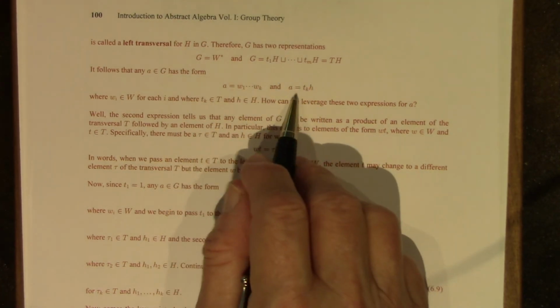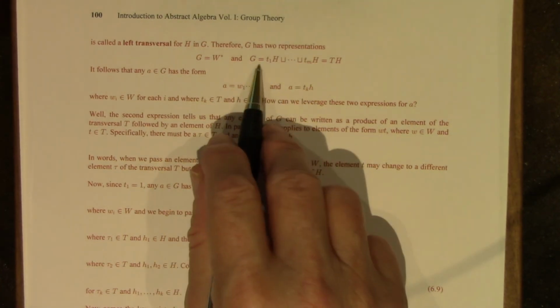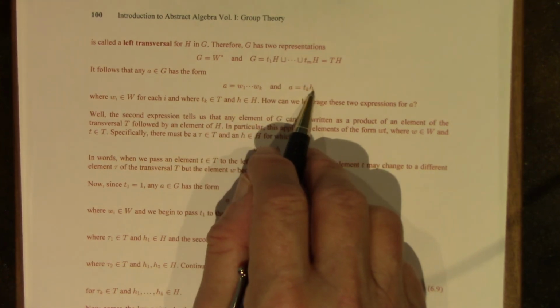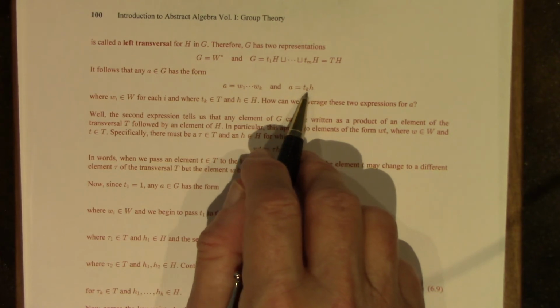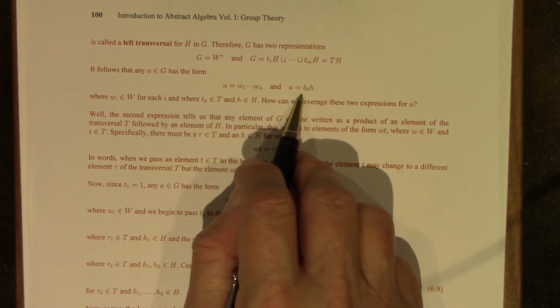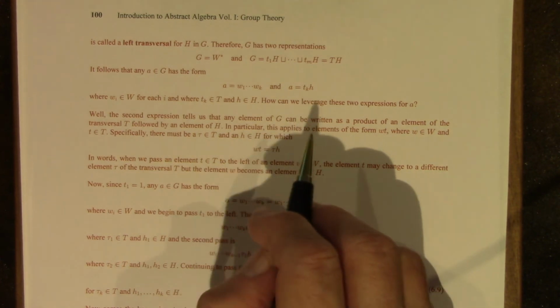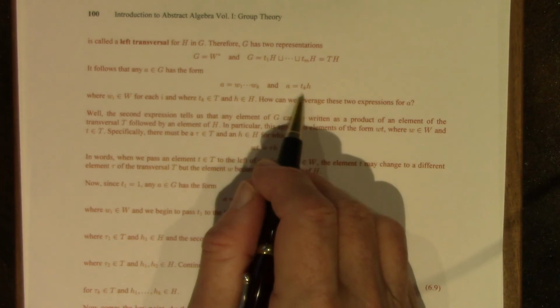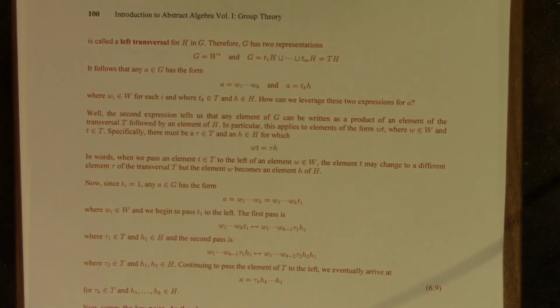Okay. But a can also be written, since it belongs to this disjoint union, as t_k h, where t_k is one of the members of the transversal, it's one of the coset representatives, and little h is in capital H. So what we need to do is try to figure out how we can leverage these two expressions for the element a.